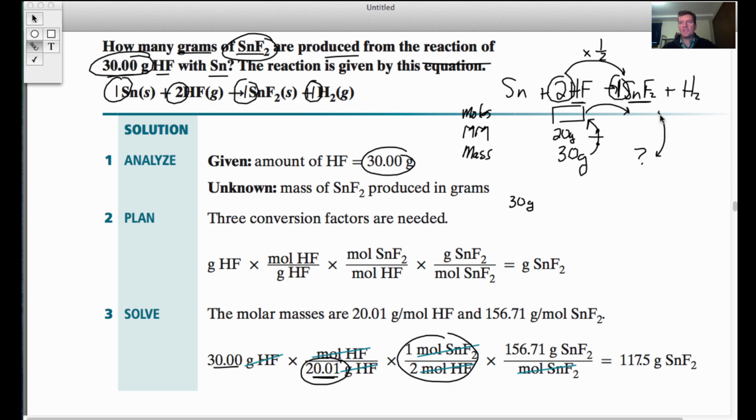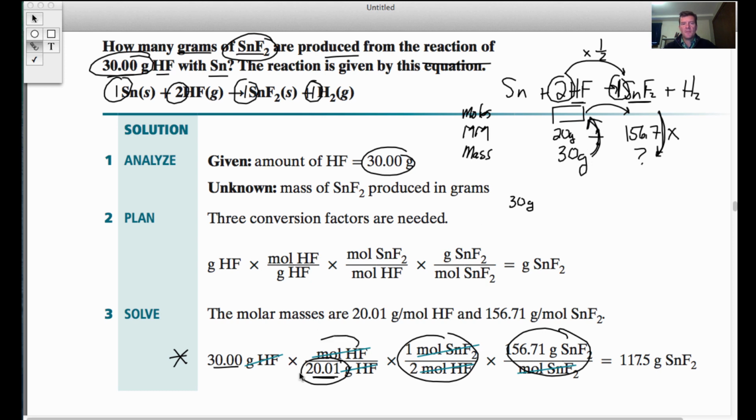Now I'm going to go down to mass of SnF2. I'm going to have to use the molar mass of SnF2. It looks like it's 156.7 right there. And this is where you multiply. So that's what they're doing in this step. All of this calculation right here are the 3 steps that I just diagrammed.